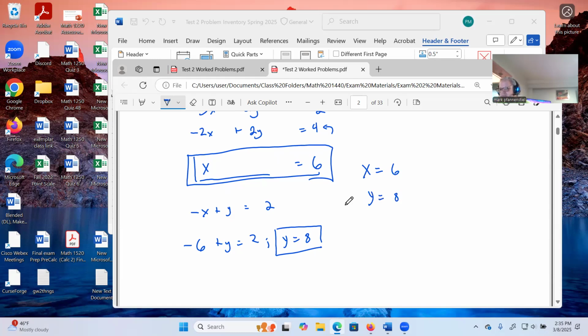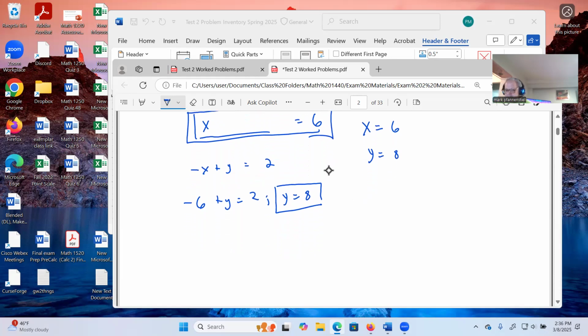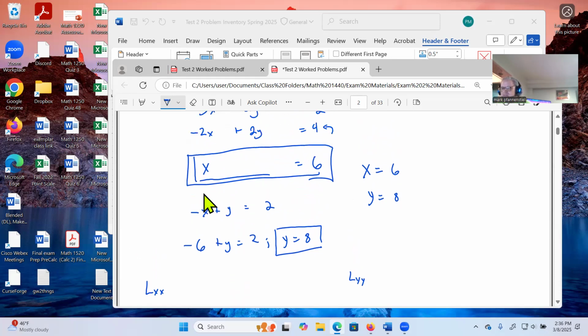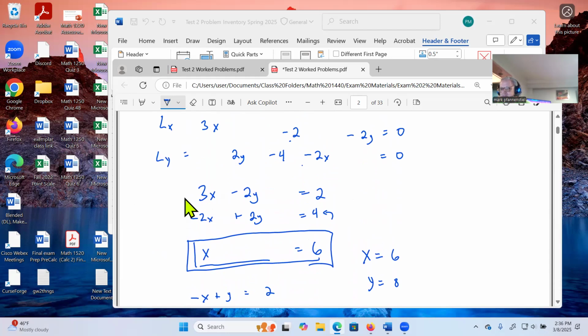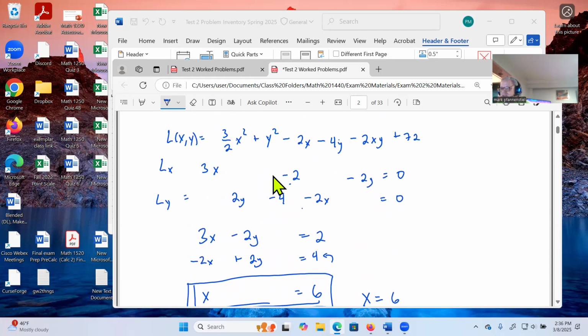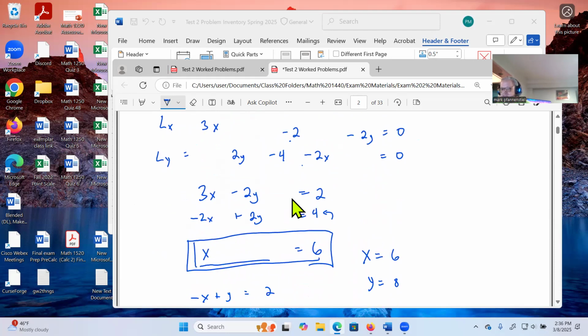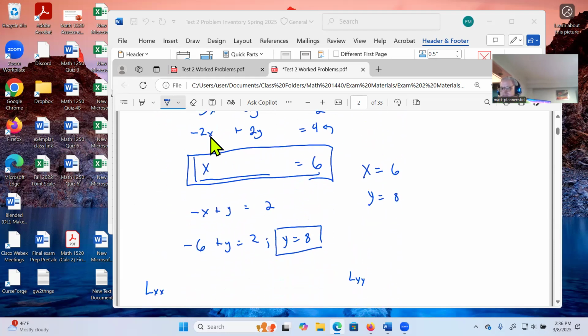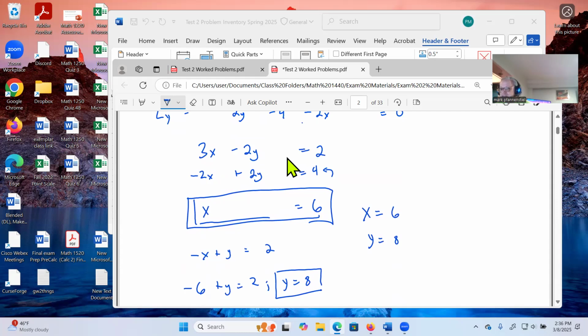Now, we don't know if it's a minimum yet, because it's a partial derivative with two variables. What we need is the second derivative with respect to x, the second derivative with respect to y, and also Lxy. Taking my first derivative with respect to x, 3x minus 2y minus 2 equals 0, and differentiating again with respect to x, we just get a 3.